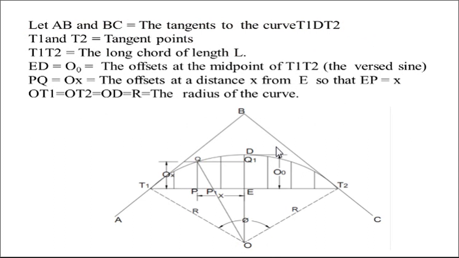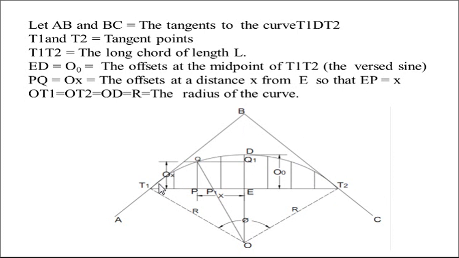This is the figure in which the different offsets are shown. Let AB and BC be the tangents to the curve T1 D T2. T1 D T2 is the curve which we are going to set out, and T1B and BT2 are the two tangents.